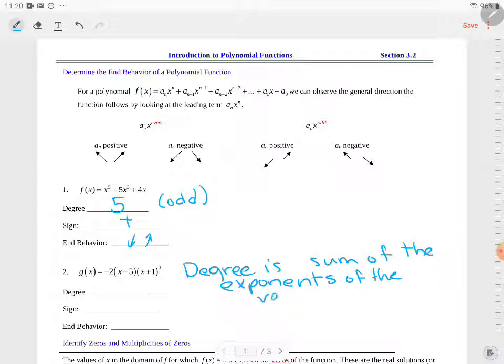So you're going to find each variable term, and we are going to sum the exponents. So in this case, we've got the understood 1. 1 plus 3 is 4. That's degree 4. The sign in front is negative from the negative 2. And 4 is even, so they'll be in the same direction, being down, down.